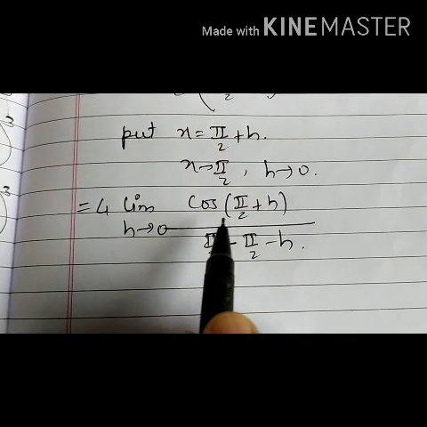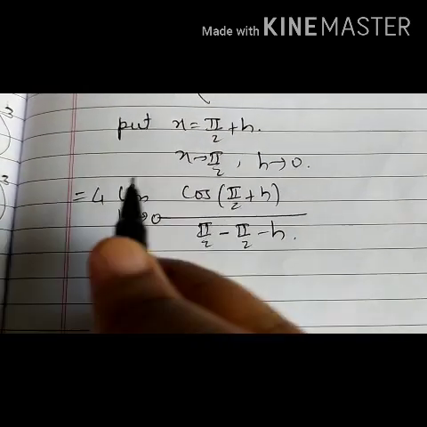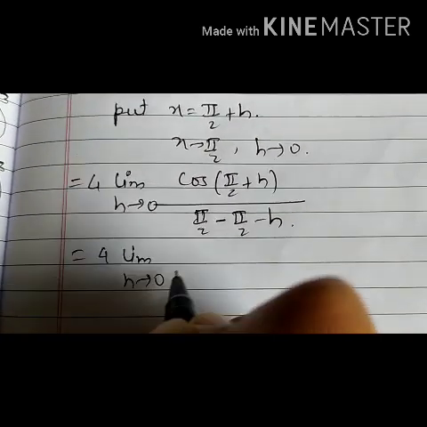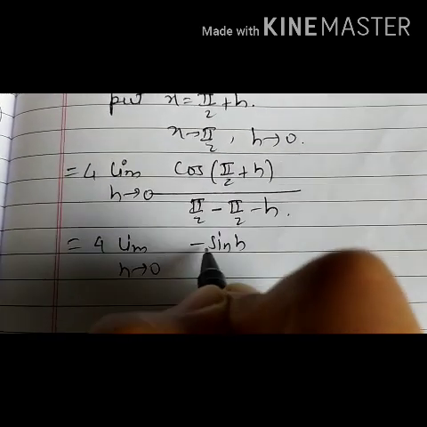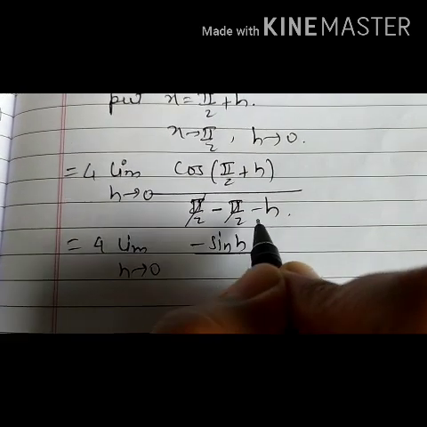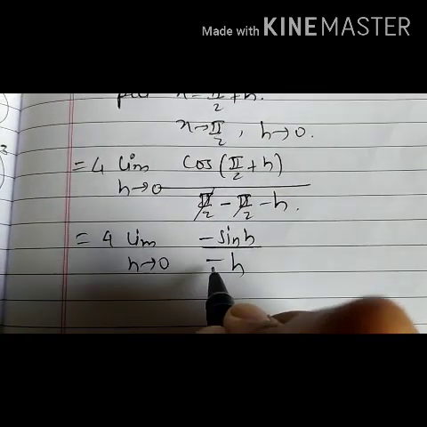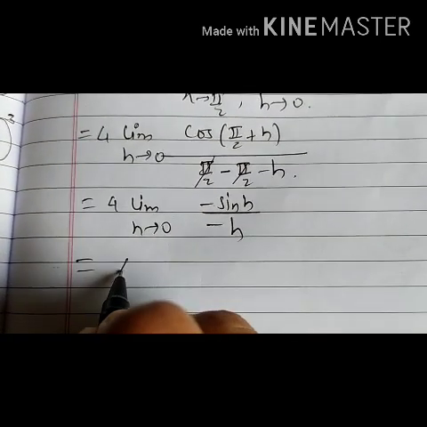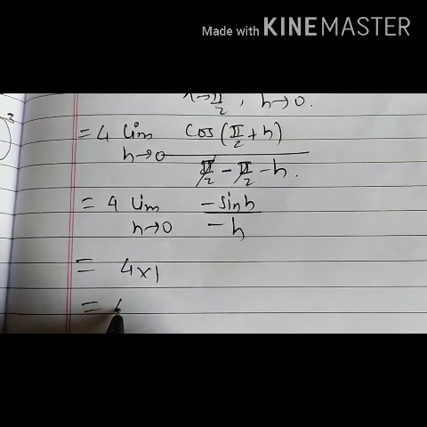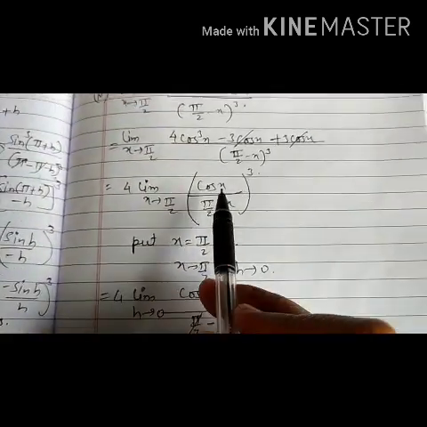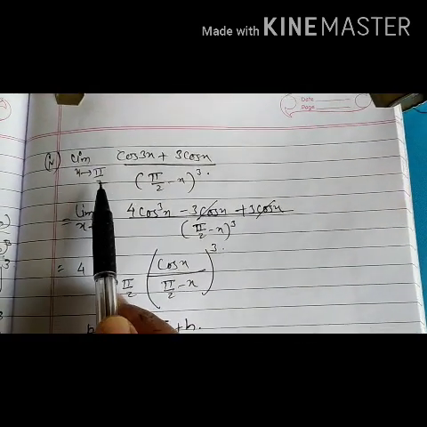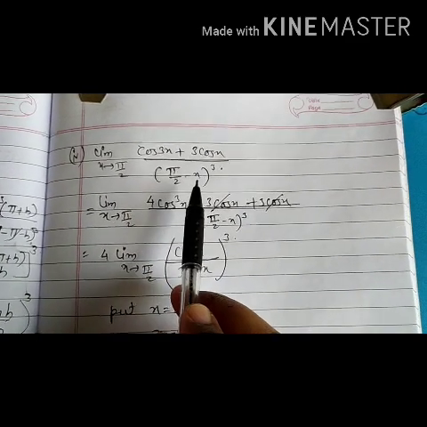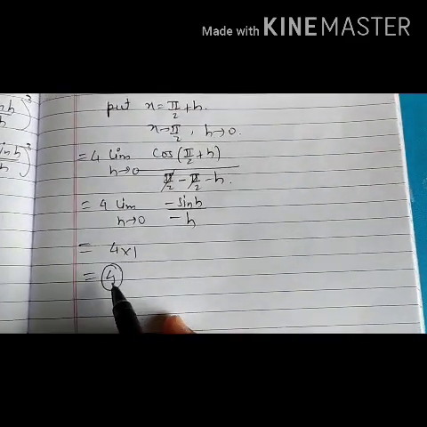Now we know that cos 90 plus theta is minus sin theta. So 4 times limit as h tends to 0 of minus sin h upon, pi by 2 will get cancelled, minus sign is there, minus h. Minus minus will get cancelled. Limit as h tends to 0, sin h by h is 1. So 4 into 1 is equal to 4. So the limit as x tends to pi by 2 of cos 3x plus 3 cos x upon pi by 2 minus x whole cube is equal to 4. Understood?